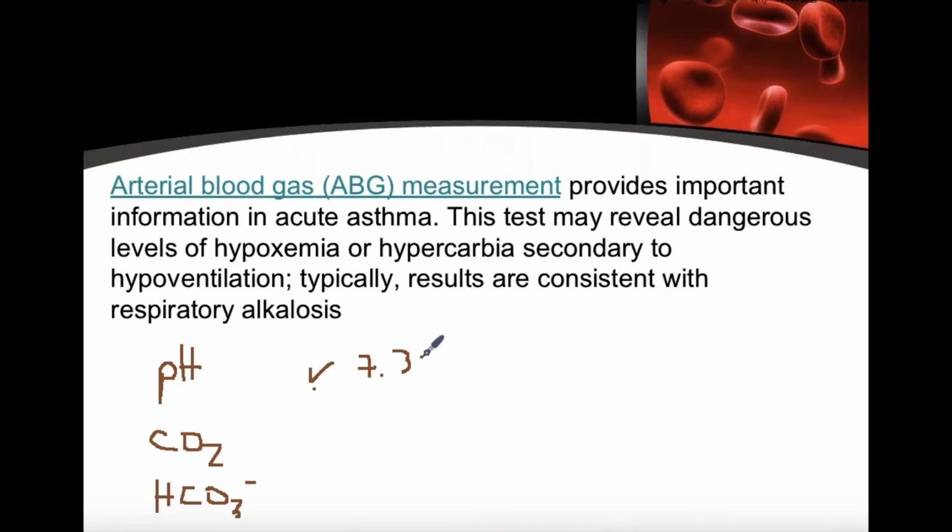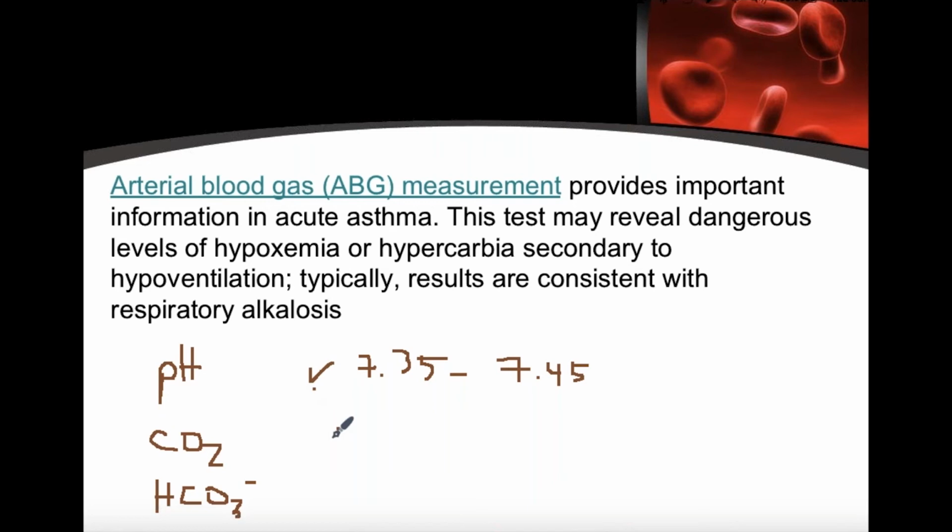All right, so let me just write them down here. You can check Dr. Google to see if I'm wrong out there, if those numbers look funny. 35 to 45 on the CO2, 22 to 26 on the bicarb.